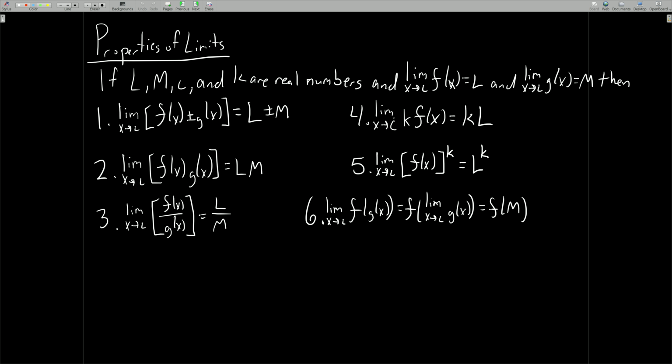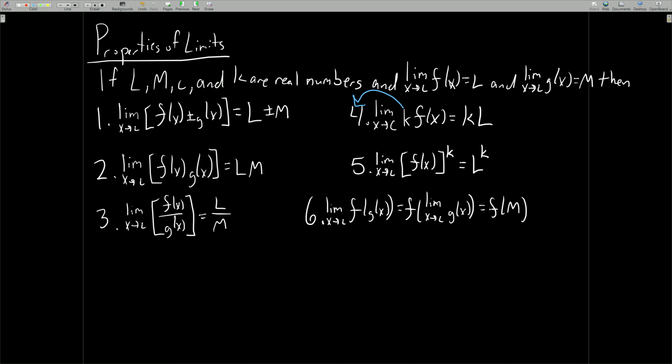If you have the limit of a function multiplied by k, an integer or any real number, then you take the number and move it outside the limit. So now you have k times the limit of f of x as x approaches c.